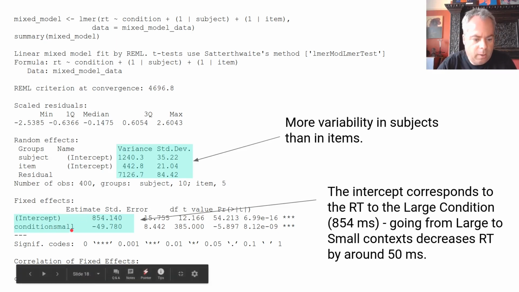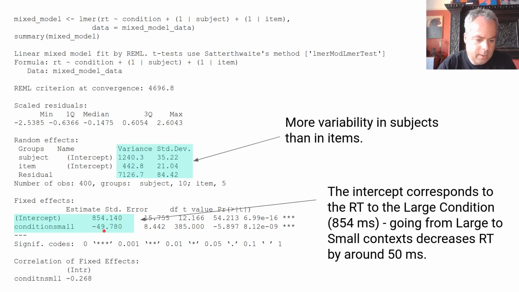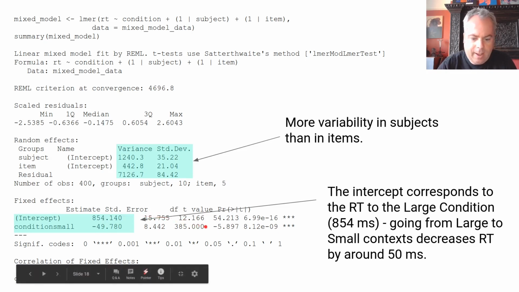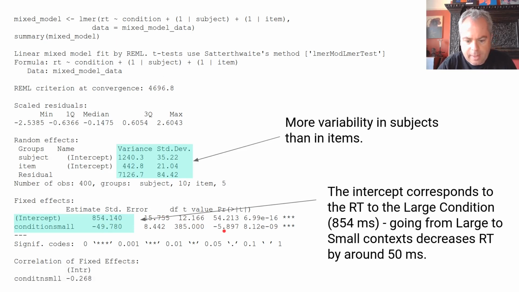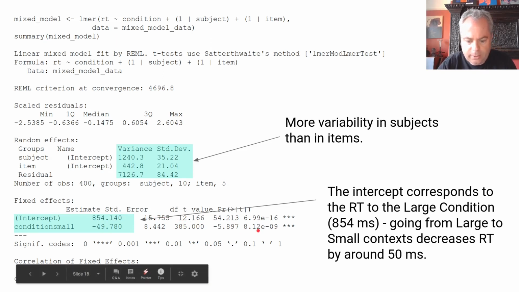And then small images are responded to 49.78 milliseconds quicker than large ones. And that's significant. The t-value is 5.897. The p-value is minuscule, so the scientific notation here simply means move the decimal place 9 points to the left.